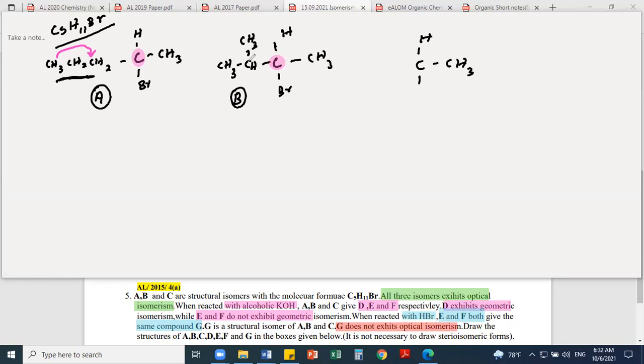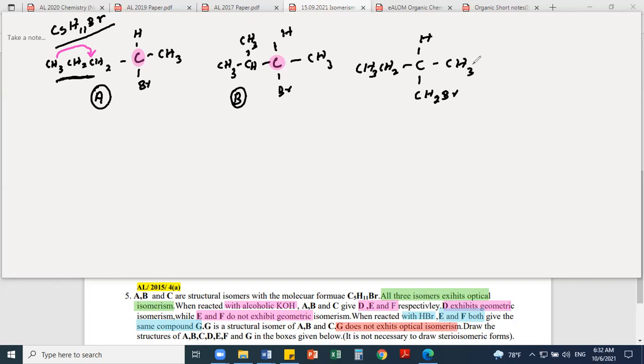Then I cannot rearrange this anymore. Then what I do, I'll change the position of bromine. I'll put here CH2Br, and here I'll put CH3 CH2.